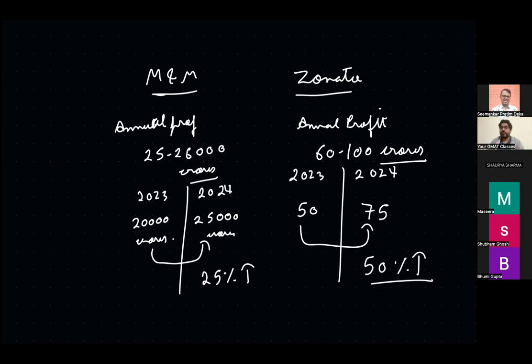Which is a better investment in terms of growth, class? Zomato, because there's a 50% profit growth and there the profit growth is only 25%, which is a lot for a big company. I'm just making a point. So numbers by themselves do not give you the exact picture, but percentage change gives you the exact picture.